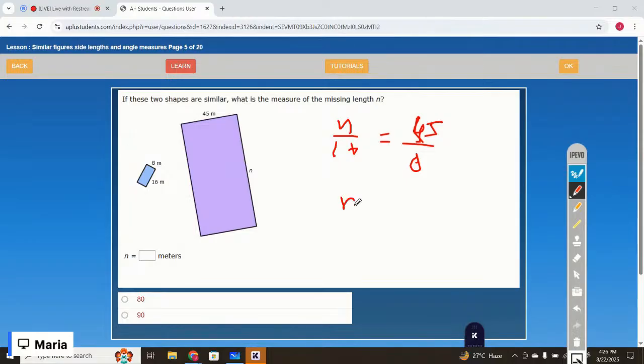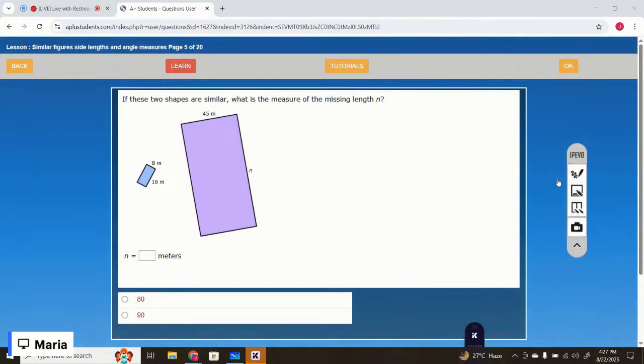And 45 times 16 over 8. 8 times 2 is 16, 45 times 2 is 90. Option number 2 is the correct option, that is 90.